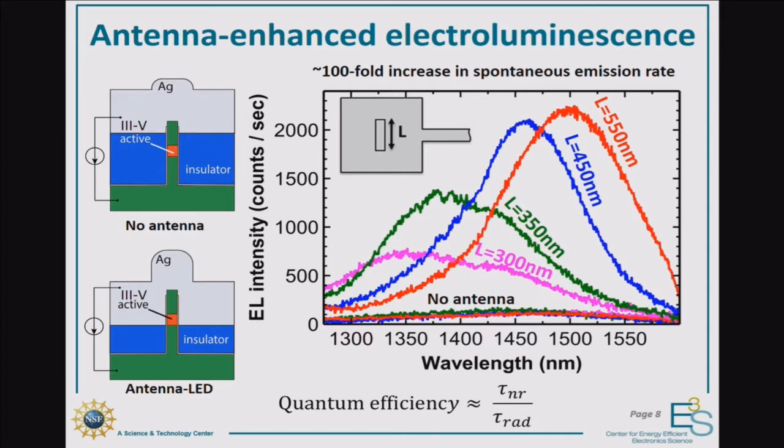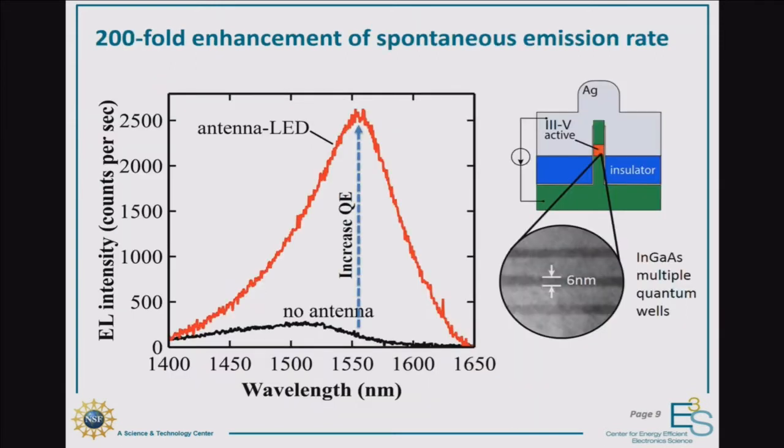And for the device in blue here, we measured a 100-fold increase in the spontaneous emission rate. So you can play some tricks to try to boost that number up even further. One of the more recent results we have was using a quantum well active region. This provides a little bit better matching between the polarization of the light emission from the active region with the polarization of the antenna mode. By doing this, we did indeed see an improved performance, so now a 200 times increase in the spontaneous emission rate.